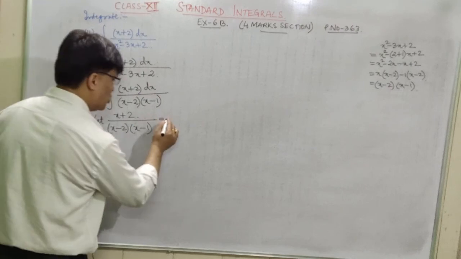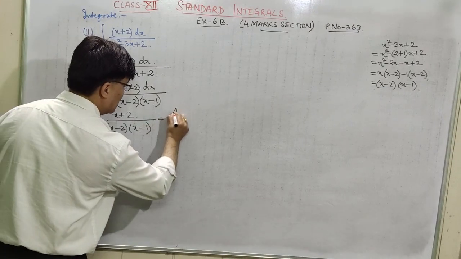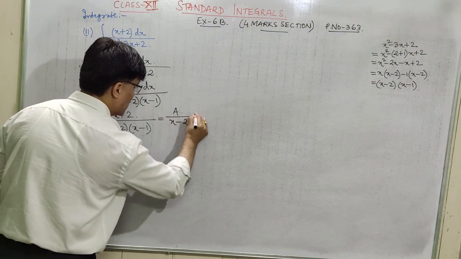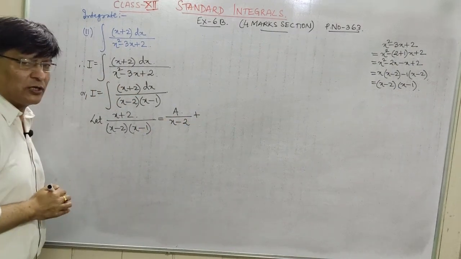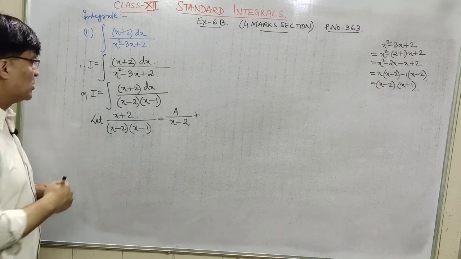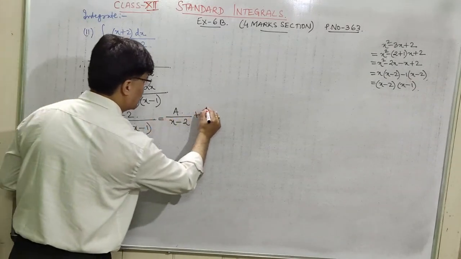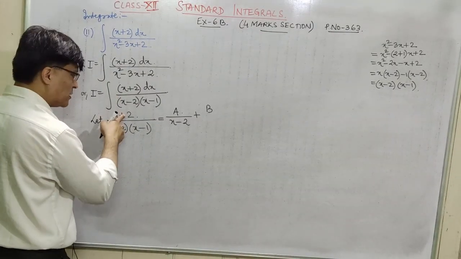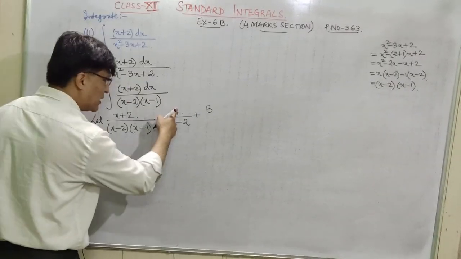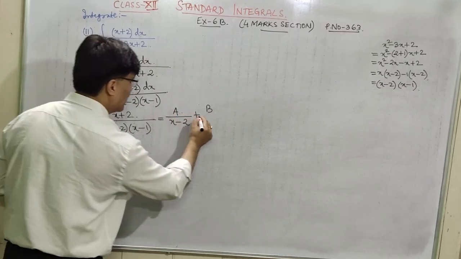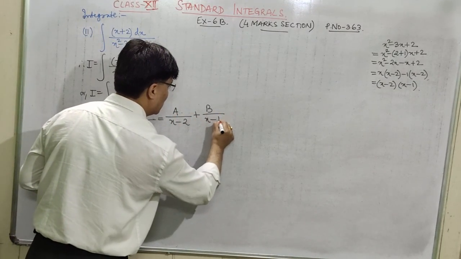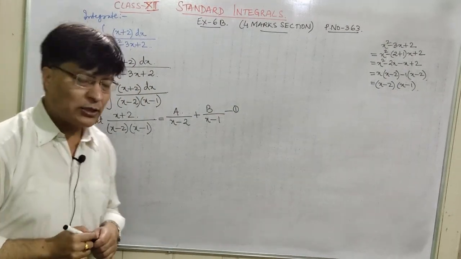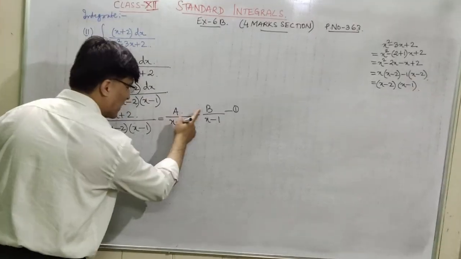So always assume capital A upon the first factor, x minus 2, plus capital B upon the second factor, x minus 1. Let us mark it as number 1.